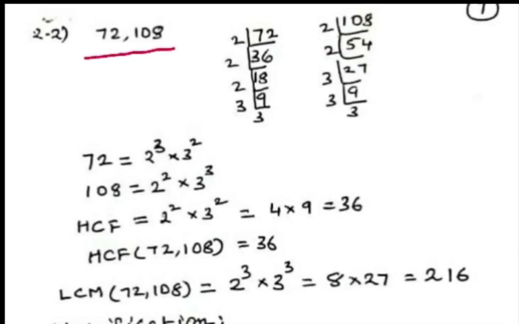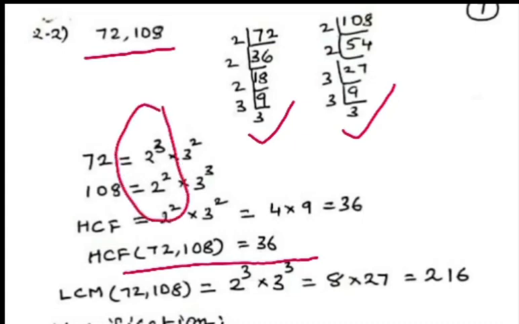72 and 108. We write prime factors for 72 and prime factors for 108. To find the HCF, we consider 2 square and 3 square.